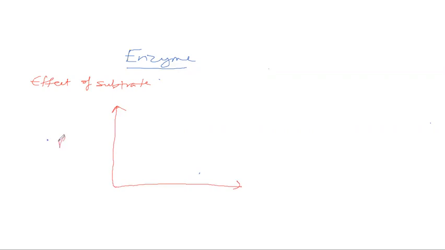The reaction rate here, and the amount of substrate here. When you start adding substrate, the reaction rate begins to increase and increase until it gets to a maximum activity rate, and then it plateaus off like this.